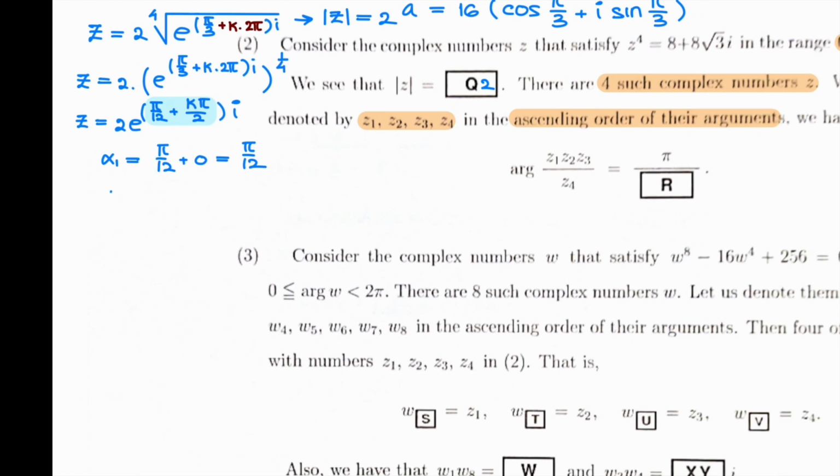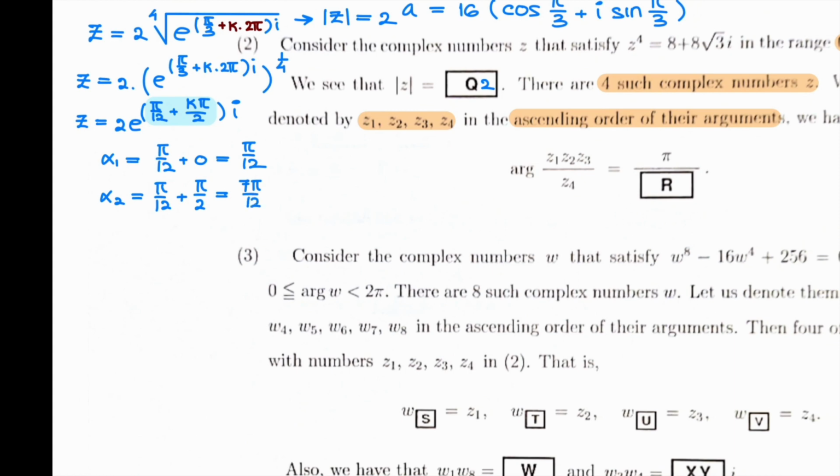And then the argument of z2, if I assume it as alpha 2, the argument of z2 is pi over 12 plus, you can substitute k by 1. The first one, k is equal to 0, and then the second one, k is equal to 1. Wait a minute, this is not 12 but 2. If you calculate it, you will obtain 7 pi over 12.